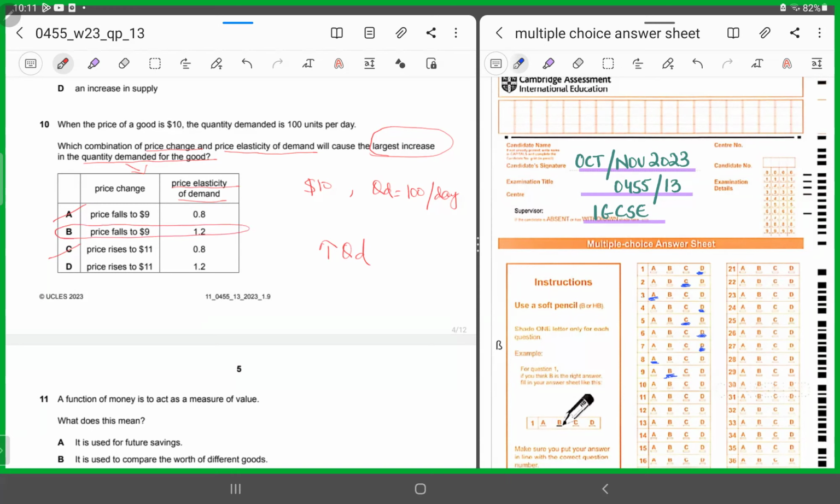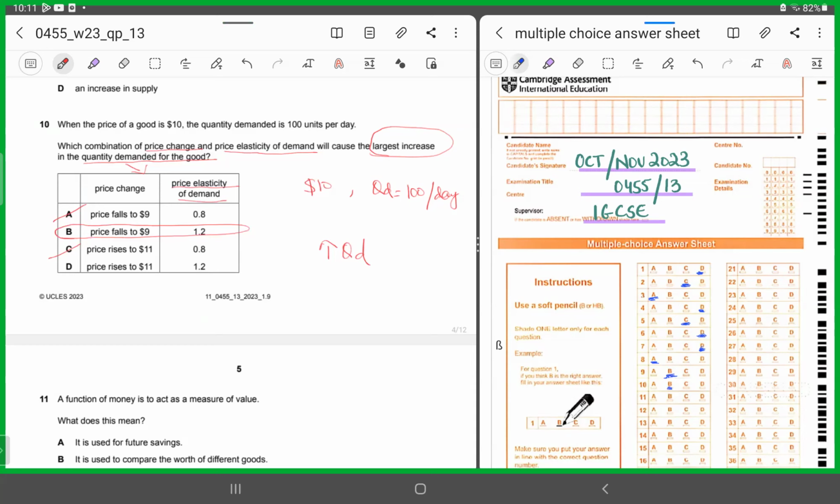You want me to go over it again? All right. What did we do? First, we looked at the figures of price elasticity of demand. We wanted a greater increase in the quantity demanded. A greater increase would come when the demand is elastic. Demand is elastic when PED is greater than 1. There are only two scenarios given in the table which show that PED is elastic.